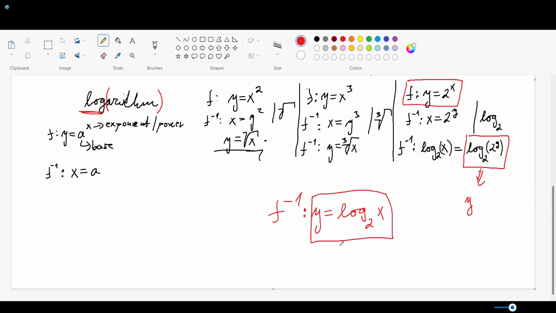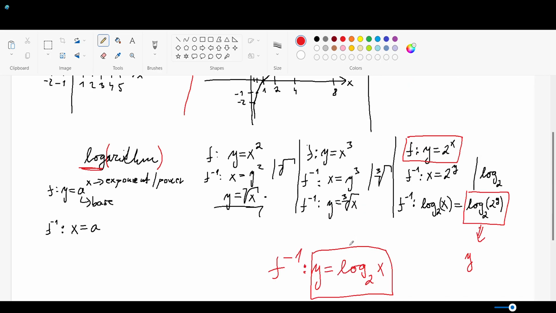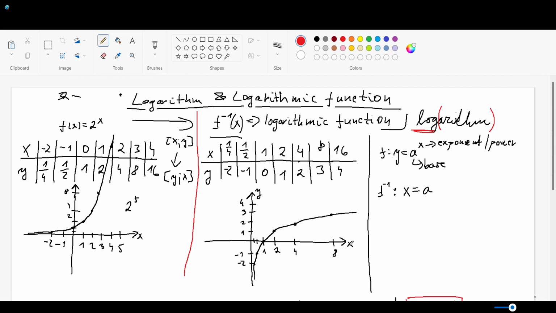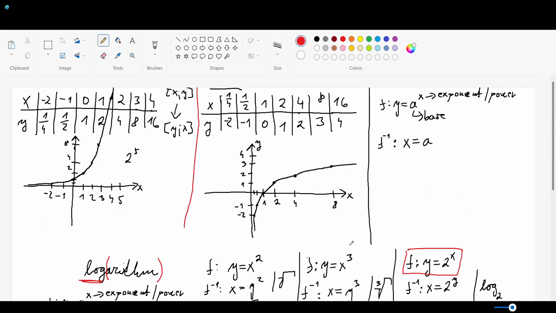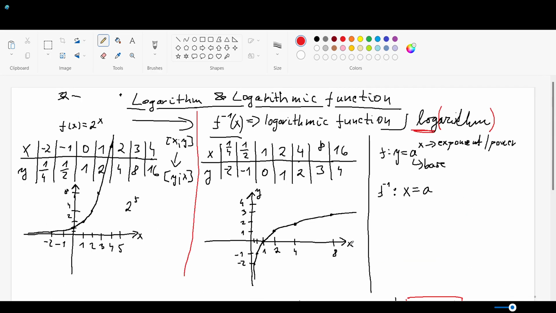I think this is all I wanted to say concerning the functions, how we find them graphically and algebraically. There is one more thing I wanted to say.